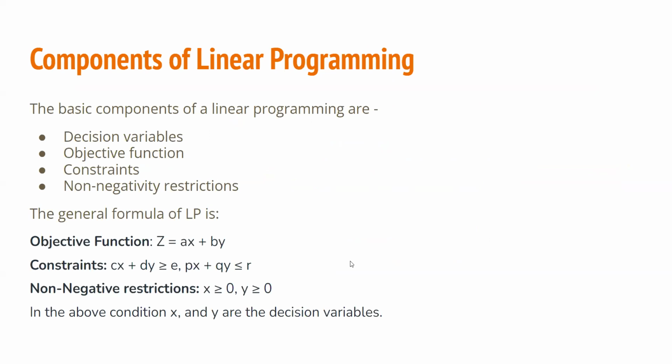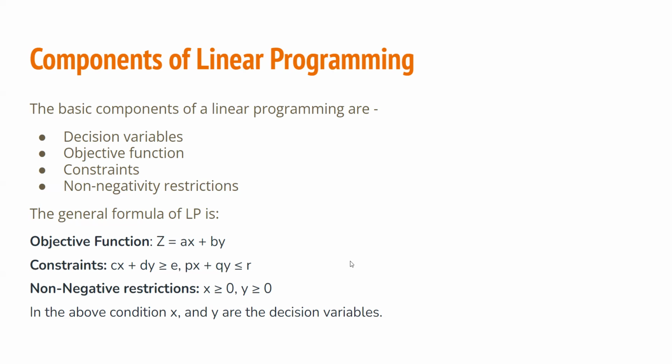Now, decision variables. If you can see, I have given a simple formula of linear programming. The decision variables are nothing but the independent variables which you can write in the form of a linear equation within the objective function. The objective function is most of the time denoted by Z, and it is written in the form of a linear equation, as it is a part of linear programming.